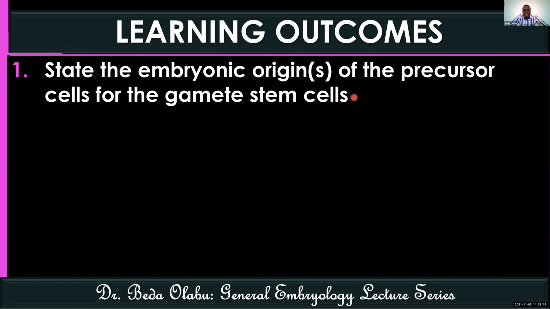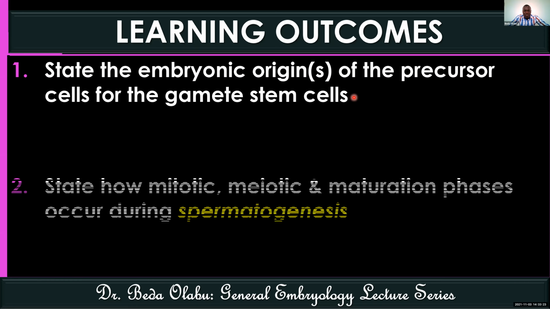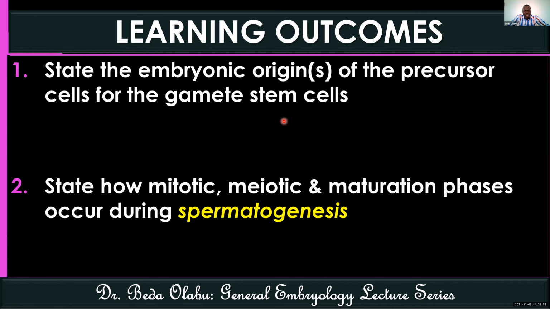The precursor cells for the gametes, where do they come from? What do we call them? We look at that. But the second major objective is to look at how sperms undergo phase 2, mitotic division, phase 3, meiotic division, and phase 4, the maturation process. That's our objective of this lecture.